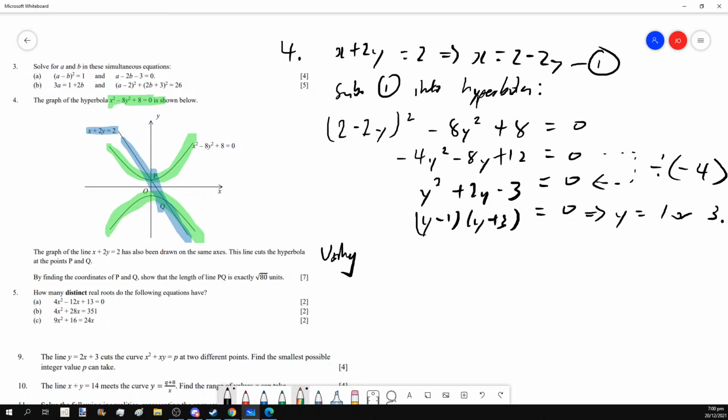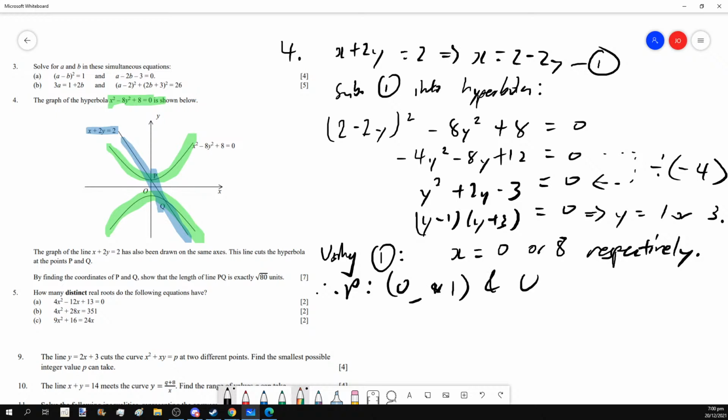Then we will use the first substitution and get x equals 0 or 8 based on the numbers we found for y. Therefore, we have P to be 0, 1 and Q to be 8, negative 3.